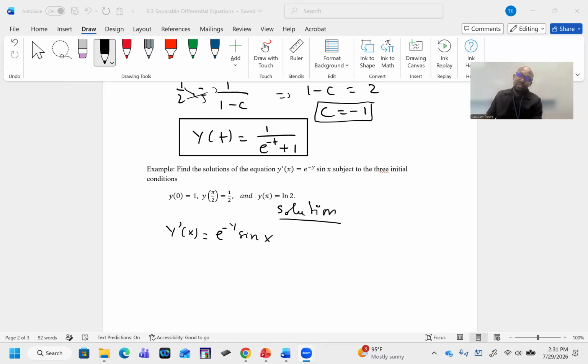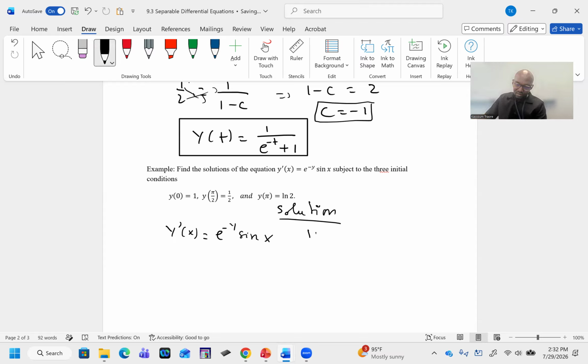I have to move the e to the power of negative y to the other side, right? By dividing both sides by e to the power of negative y, or multiplying both sides by e to the power of y, this will cancel, right?